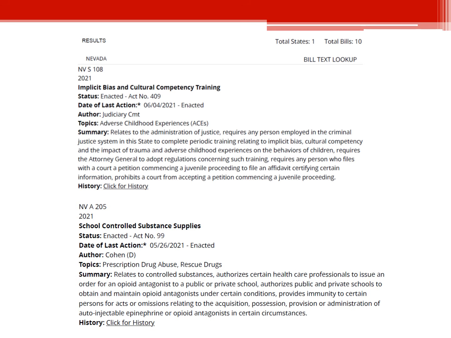There was also an important law passed in 2021 that enabled Narcan or naloxone hydrochloride, an opioid antagonist, to be administered by public or private school employees. They could obtain and then maintain these under certain conditions. There would no longer be a prescription required to obtain Narcan and naloxone.